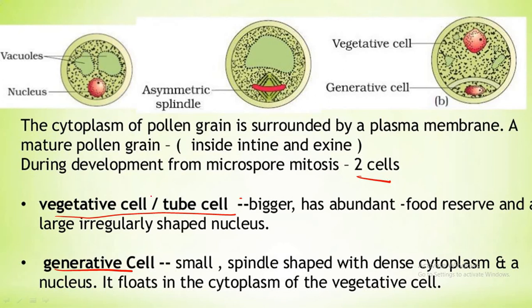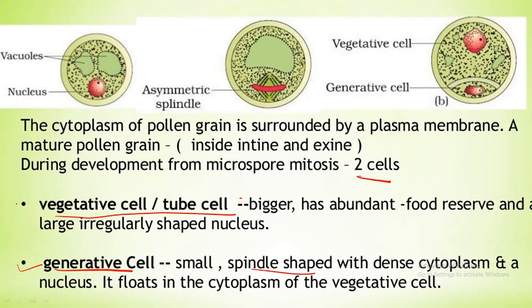The vegetative cell is larger, has abundant reserve food material, and a large nucleus which is irregular in shape. Whereas the generative cell is small. It is spindle shaped with dense cytoplasm, and it floats in the cytoplasm of the vegetative cell.